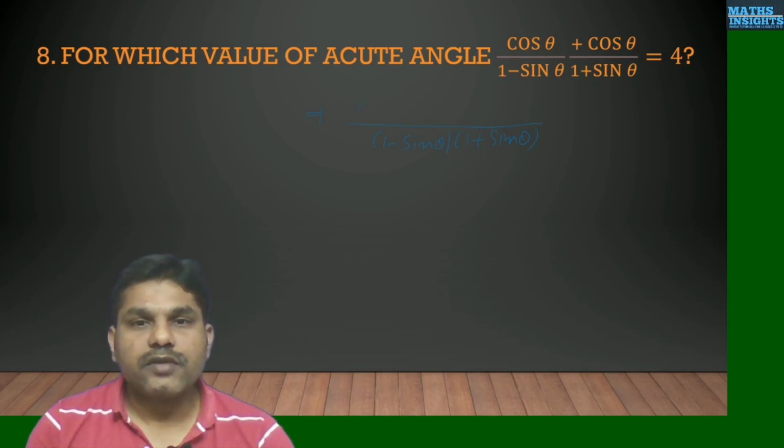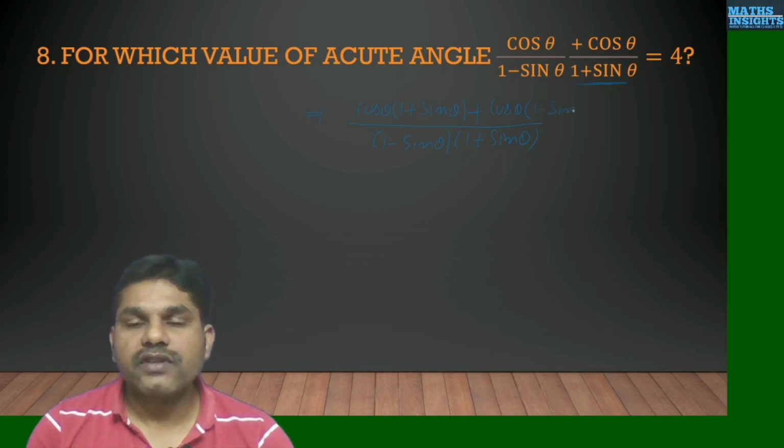If you do the LCM, you divide the LCM by (1 minus sin theta), and you get (1 plus sin theta) as the quotient. So cos theta into (1 plus sin theta). Similarly, for cos theta, you divide the LCM by (1 plus sin theta) and you get (1 minus sin theta).